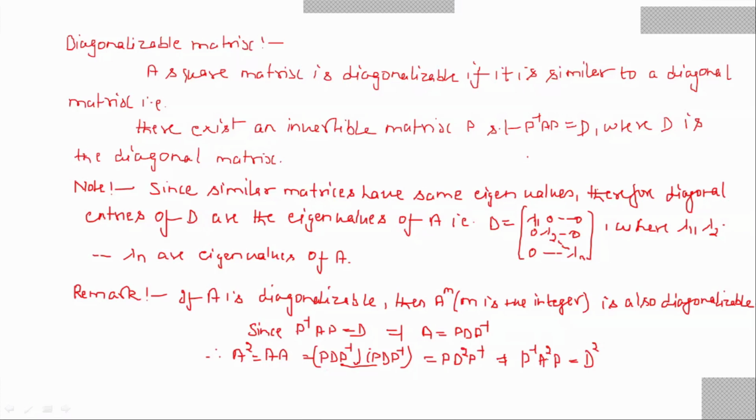This implies that A square is diagonalizable, because there exists an invertible matrix P such that P inverse A square P is equal to D square. Similarly, you can find A cube also.